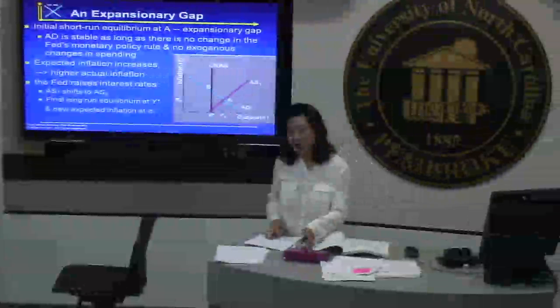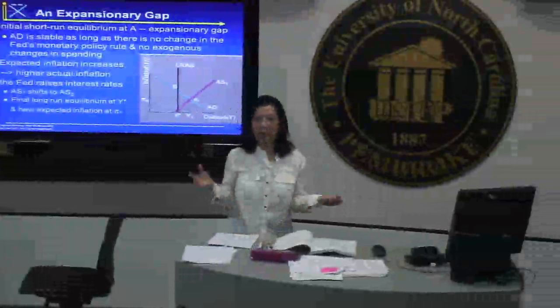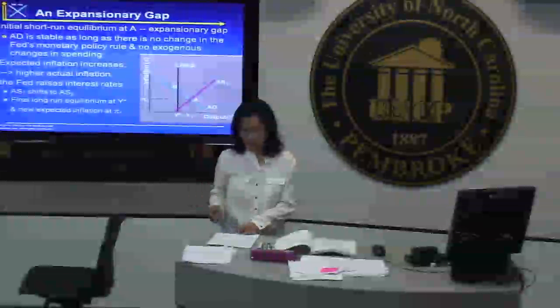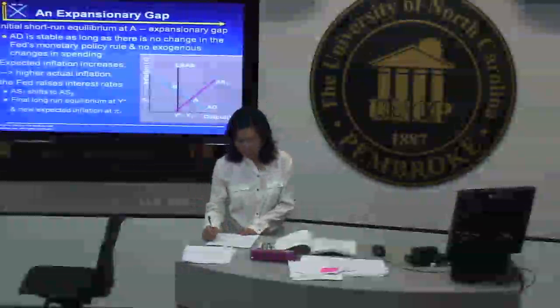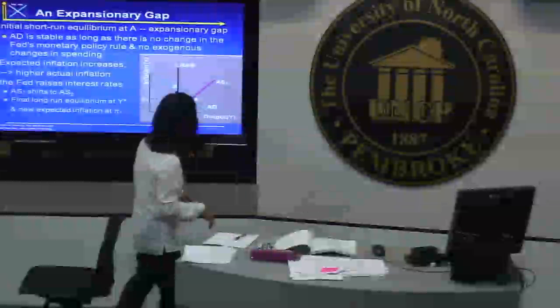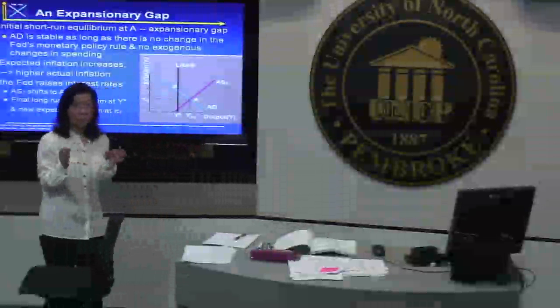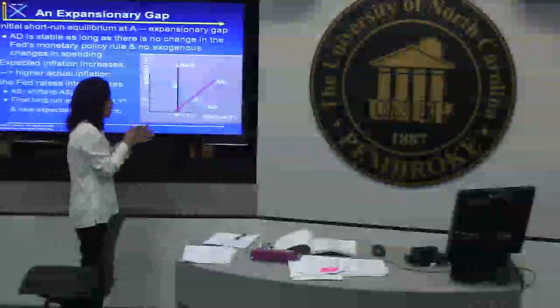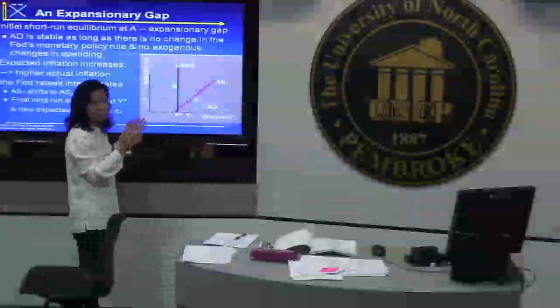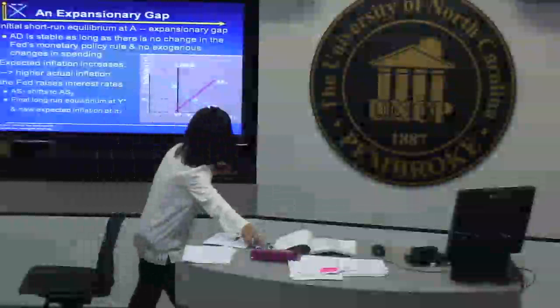Now let's say you flip your coin and you got it wrong. What's the other alternative? You flip a coin, you got a head, and the head means the AD curve will have to move up. Let's see what happens if it moves up.